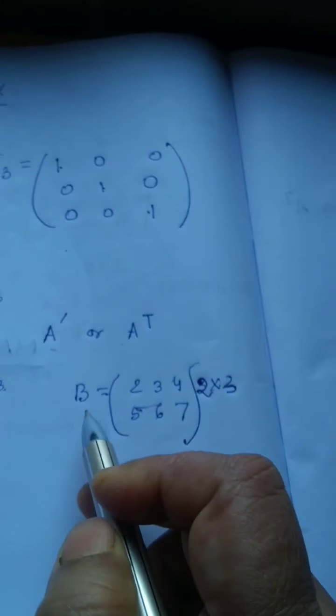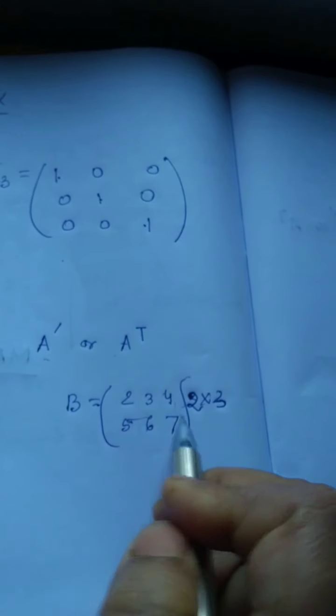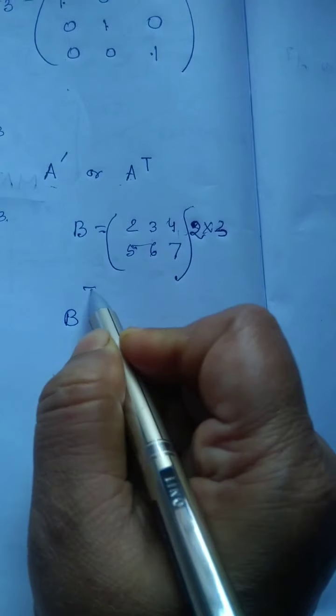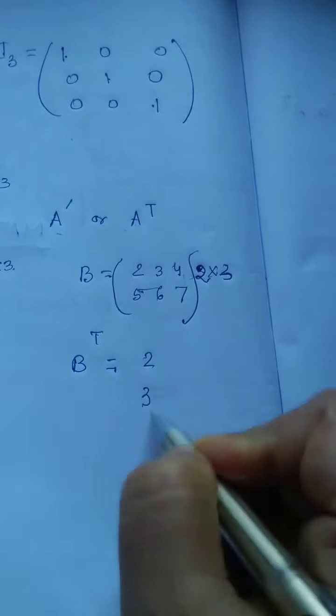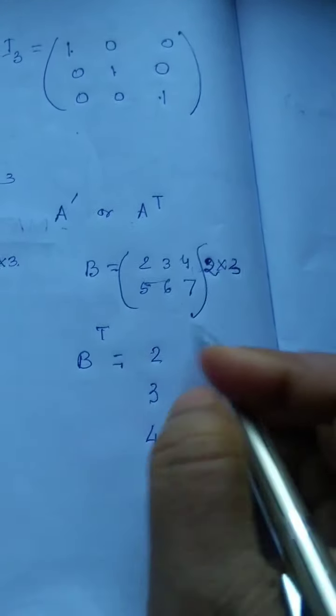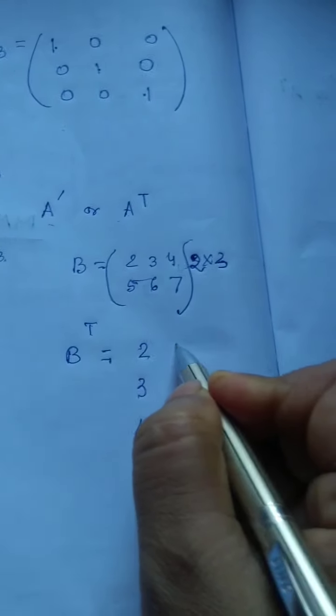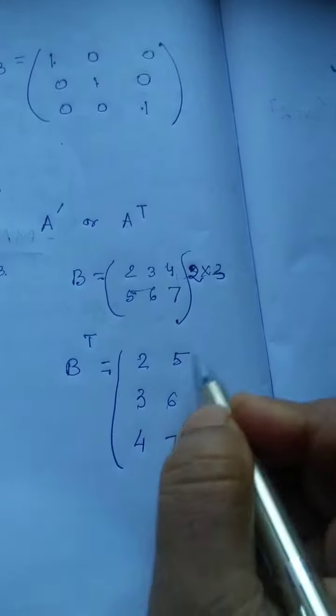So here I have the matrix B, which has 2 rows and 3 columns. So it is of order 2 cross 3. Its transpose, denoted by B superscript T, will be given by 2, 3, 4. These are the elements of the first row. I have written them as the elements of the first column. Now the elements of the second row, 5, 6, 7, I am writing them in columns.